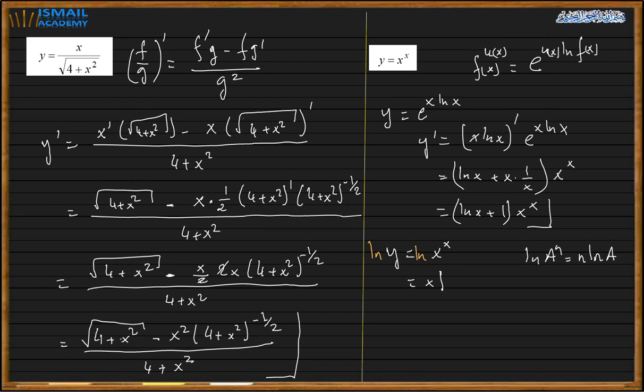Now take the derivative, and the function does not disappear. So here we have x prime, which is 1, so by multiplying by y, you get y prime equals, so y is x to the power x, and as you see it is the same as this.